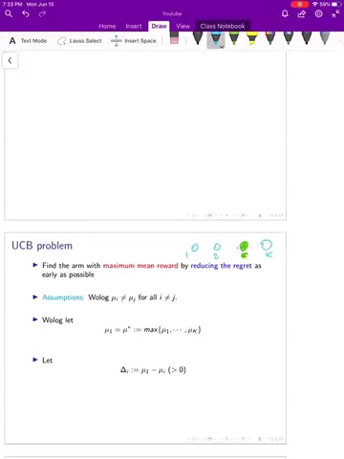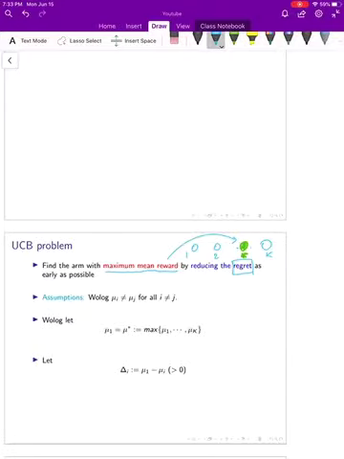So the goal is to find this arm with the maximum mean reward, which is shown with this star, the green arm. This is achieved by equivalently solving or minimizing a generic term called the regret, which I'll define in a moment.